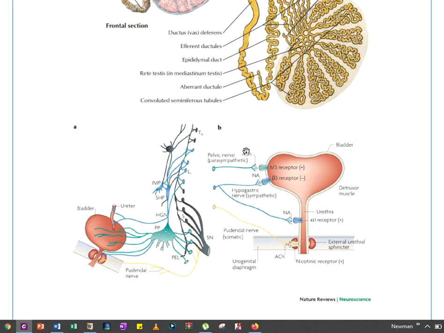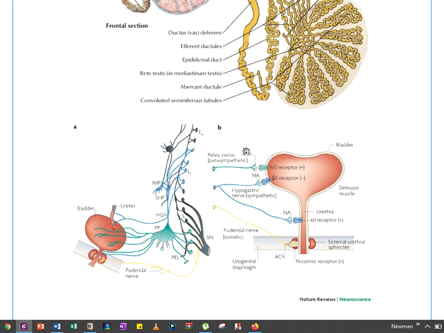Parasympathetic stimulates M3 receptors, which are located on the detrusor muscles of the urinary bladder. As they stimulate, they lead to transmission of impulse in those detrusor muscles. As those detrusor muscles get stimulated, they are ready to contract and to push urine through the urethra.